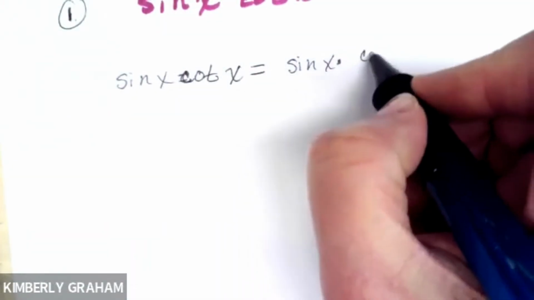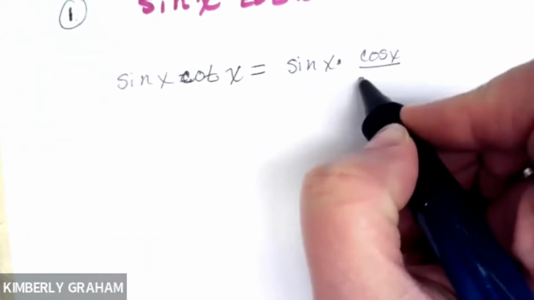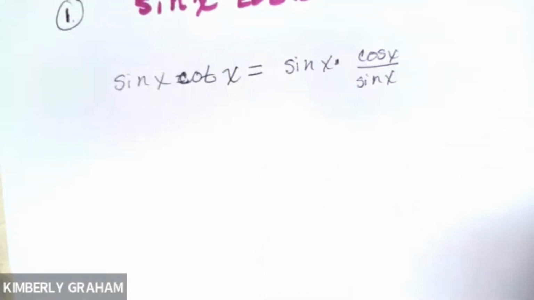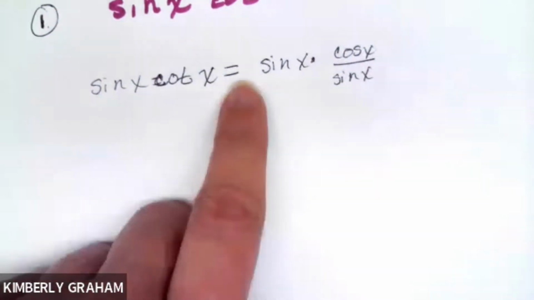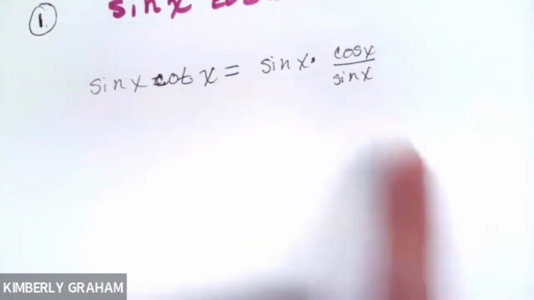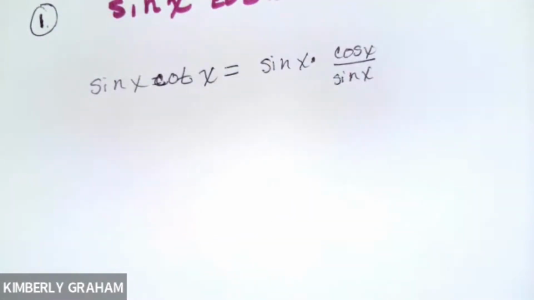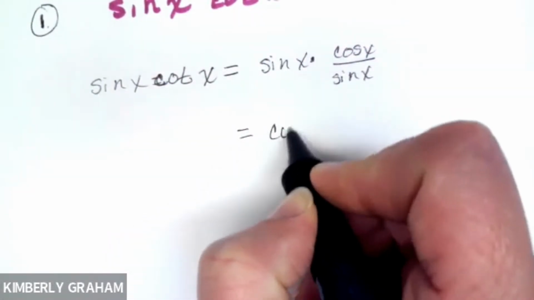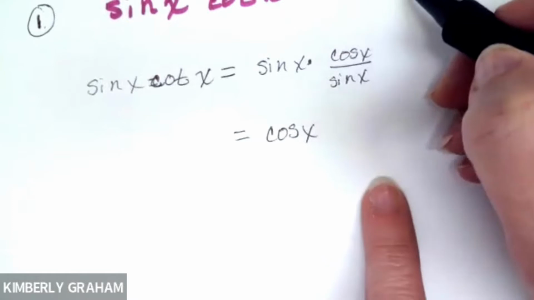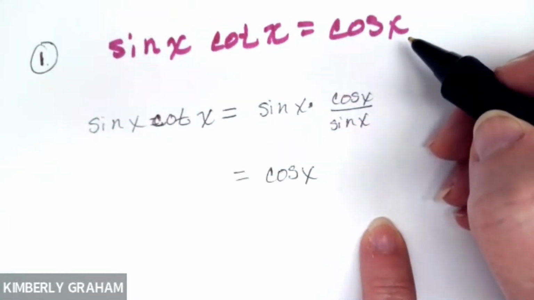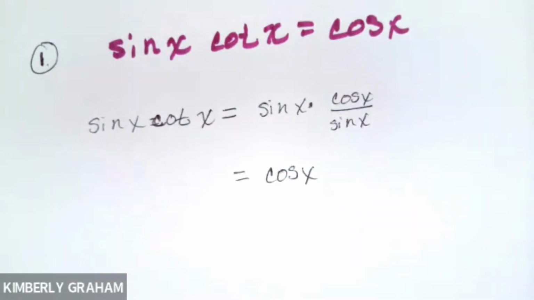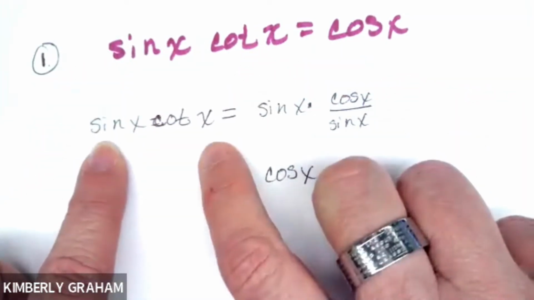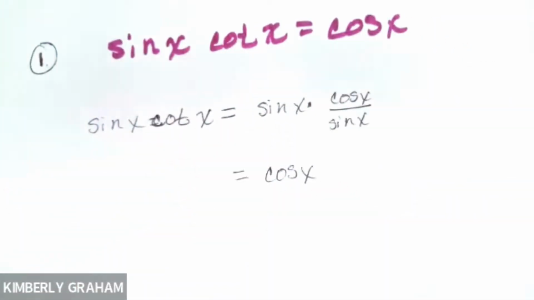So this is cosine x over sine x. Well, now my sines can cancel, right? Now I'm not going to put marks through it because I want to be sure that the teacher sees what I have written. If I put marks through it, then you can't see what I've written. So the sines cancel. So that just ends up with cosine. And that's what I'm trying to prove. That's what I want to end up with. So I've done it, right? I've got this left-hand side is equal to this right-hand side.